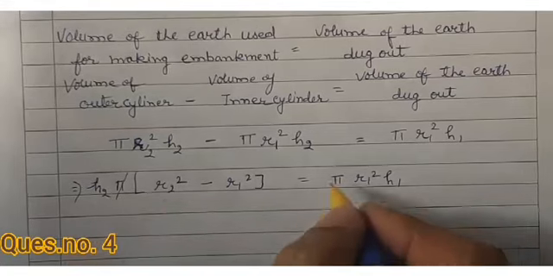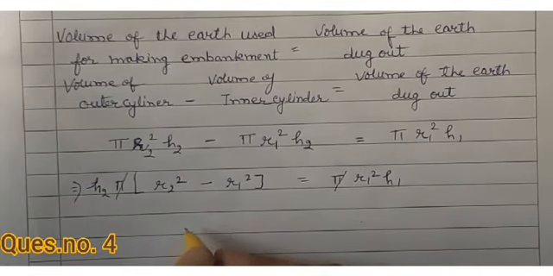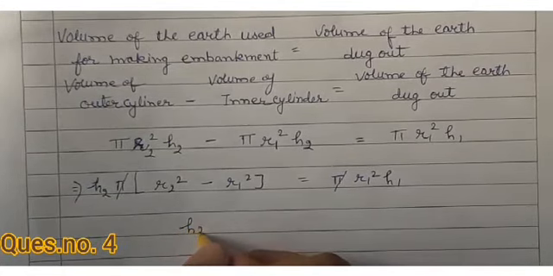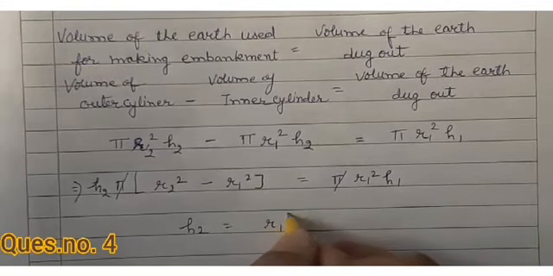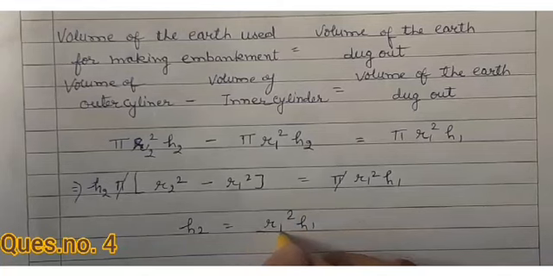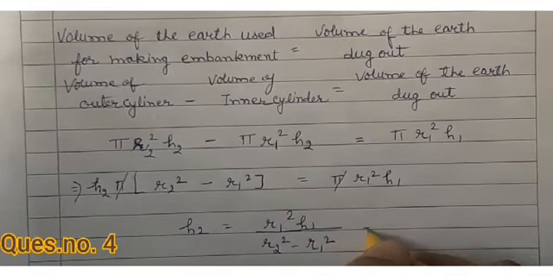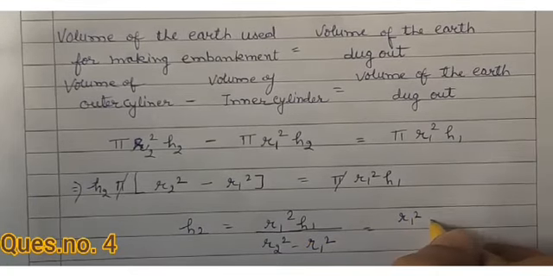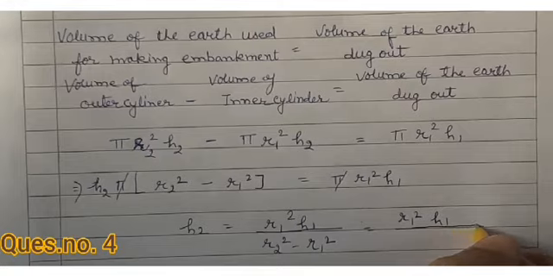What can you do? Pi to pi cut. What will be H2? R1 square H1 upon R2 square minus R1 square.